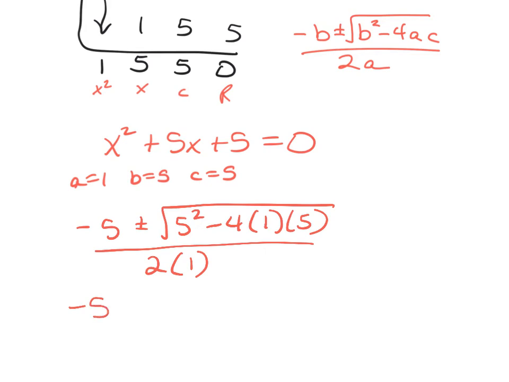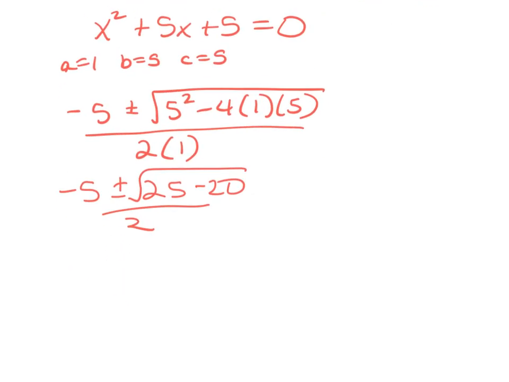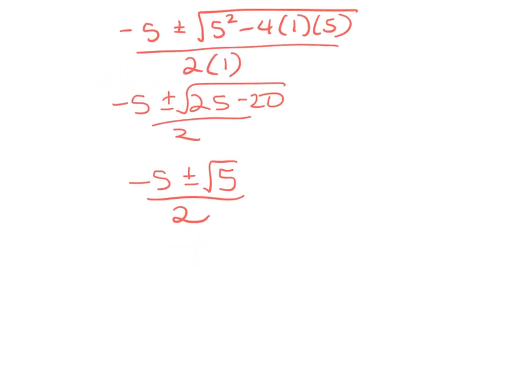So -5 plus or minus the square root of 25 minus 20, over 2, which is -5 plus or minus the square root of 5 over 2. These are your other two zeros in addition to x equals 1.